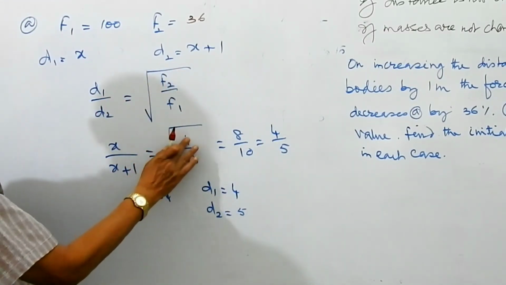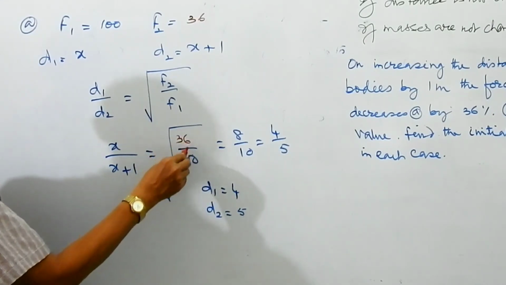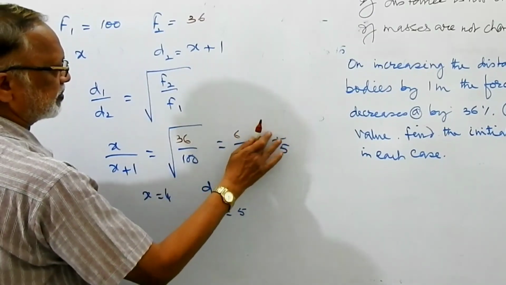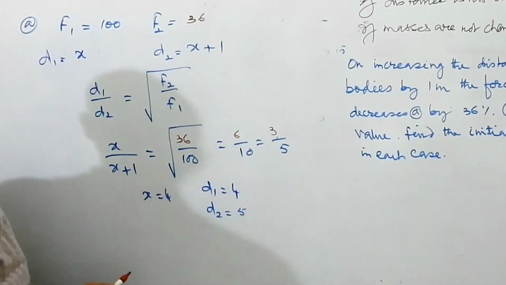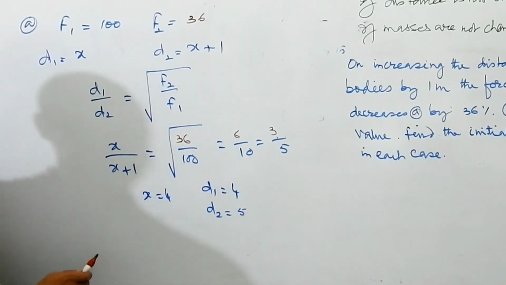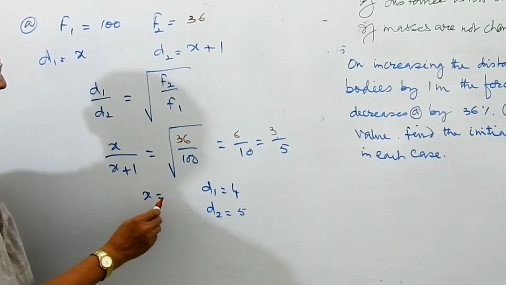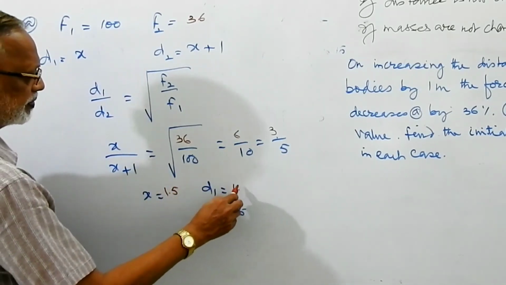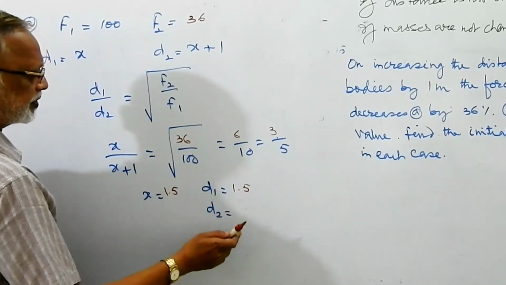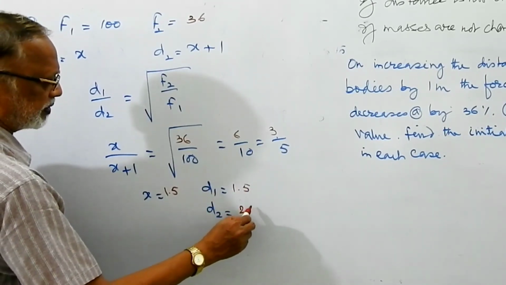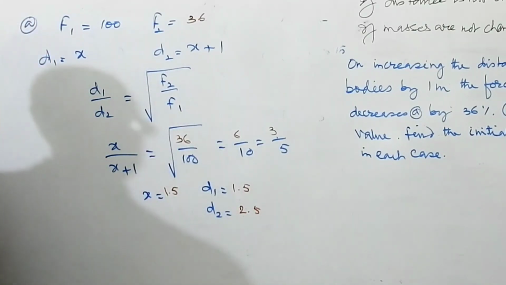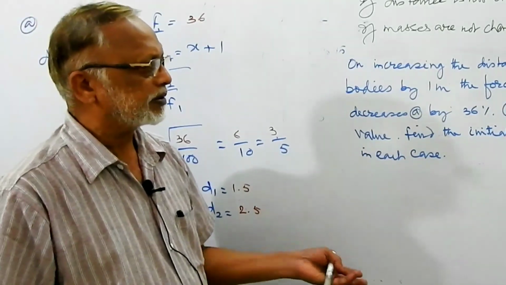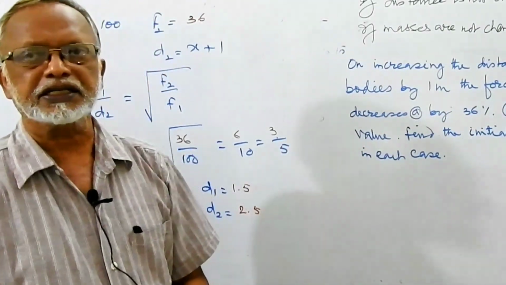So x by x plus 1 is equal to under root 36 by 100, that's 6 by 10, that's 3 by 5. x by x plus 1 is equal to 3 by 5. That will give you x is equal to 1.5. So d1 is equal to 1.5 and d2 is equal to 1.5 plus 1, 2.5. Like this we can solve the problem. Next we will consider the increase in force by decreasing the distance.